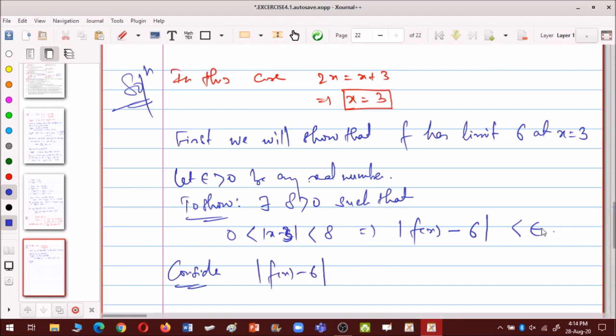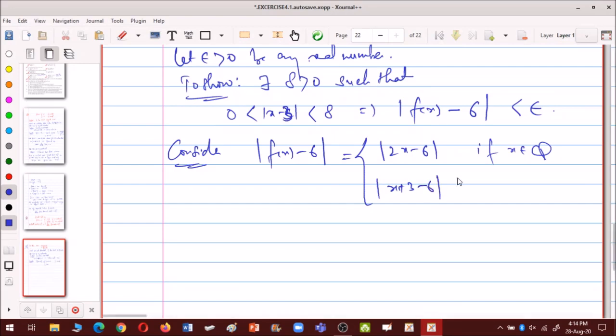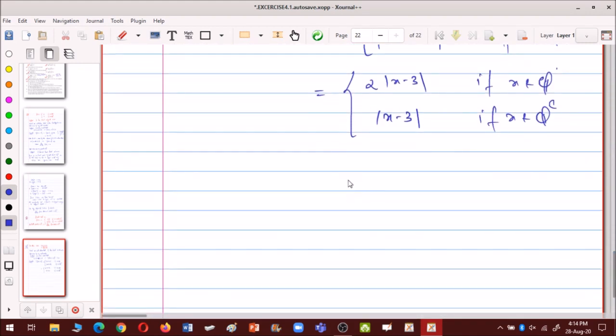So for this consider |f(x) minus 6|. So f(x) I can write like this: it is 2x minus 6 if x is rational, and x plus 3 minus 6 if x is irrational. If I solve this further, I will get 2 times |x minus 3| if x is rational, and |x minus 3| if x is irrational. So obviously I can write this to be less than or equal to 2 times |x minus 3|. So what delta should we take?